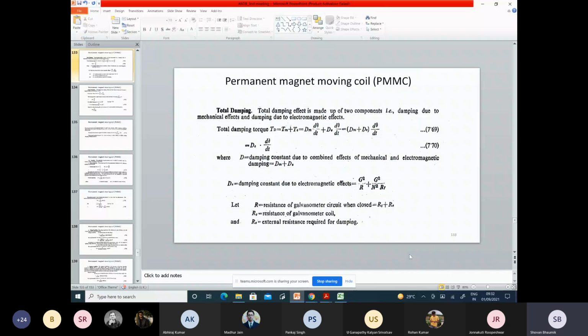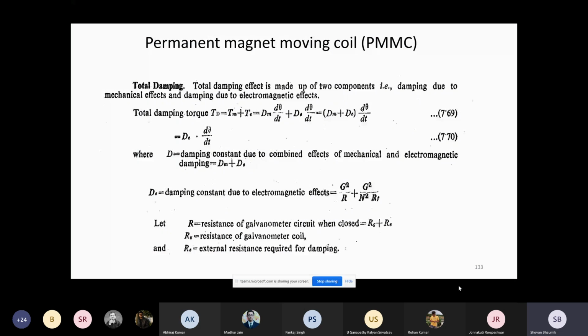Now this PMMC instrument, what we are saying is that it has some damping. The total damping, as I discussed, is made up of two components. One is the mechanical effect, one is the electromagnetic effect. The mechanical effect is mainly air friction damping, because the former will move and the former is hanging in the air. There is nothing attached with the former with the coil, obviously.